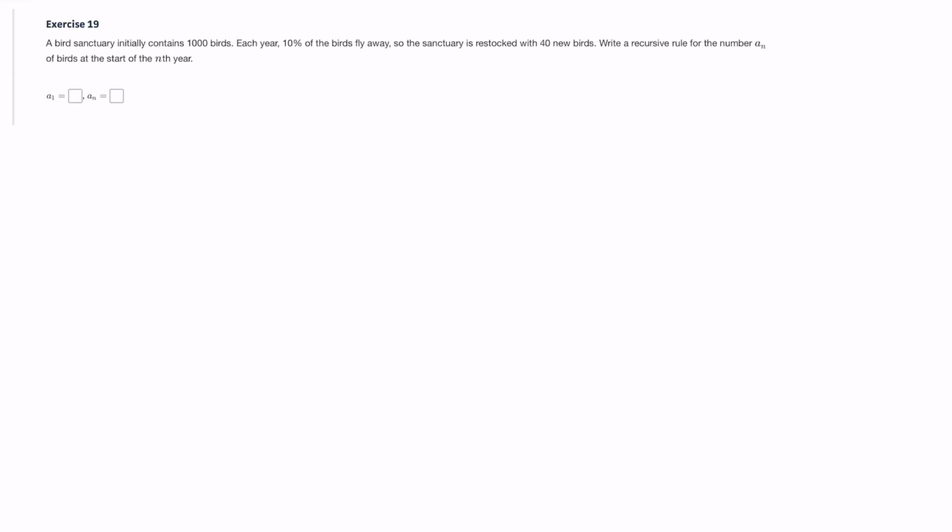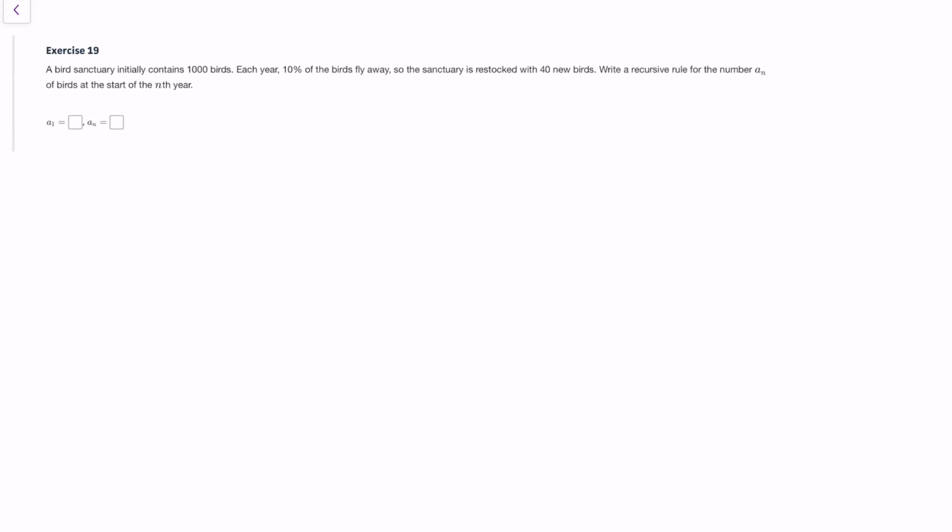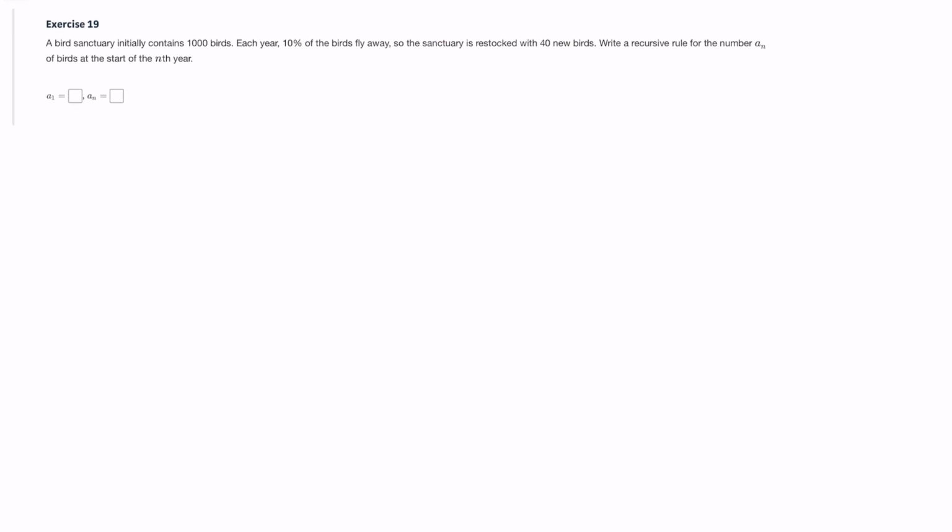The reason why some students get confused is you'll take 1,000 and multiply that by a rate of 0.10, which is 10%. But if you do that, what you're getting is 100.